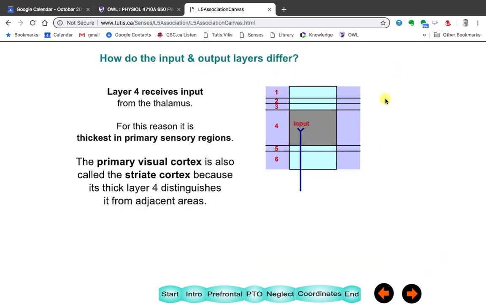Now, layer 4, as we saw before, is that input layer. And it's thickest in areas that involve a lot of sensory information. So it was thickest in V1, and it's also very thick in areas that receive, let's say, all your touch information, your primary touch information.